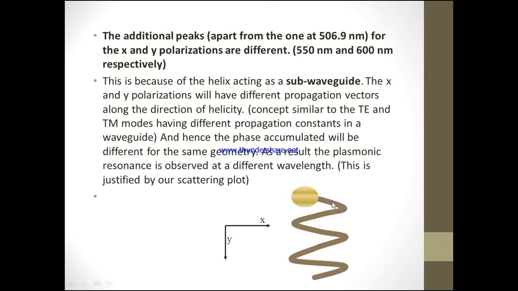So the gold nanoparticle has a different incident electric field for X and Y polarizations respectively, and hence since they have accumulated phase differently, we get the additional modes at different wavelengths.